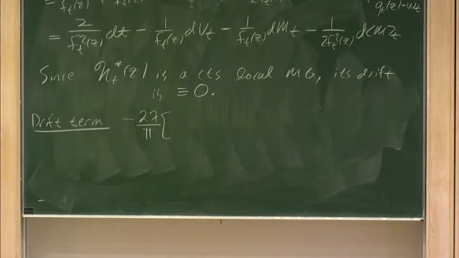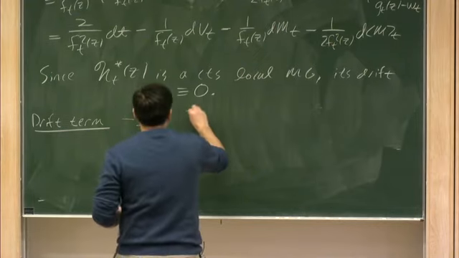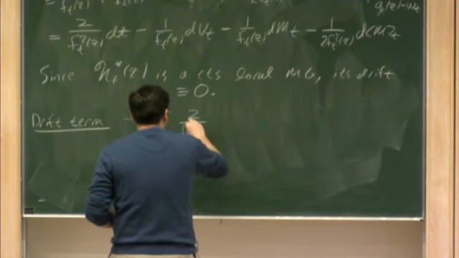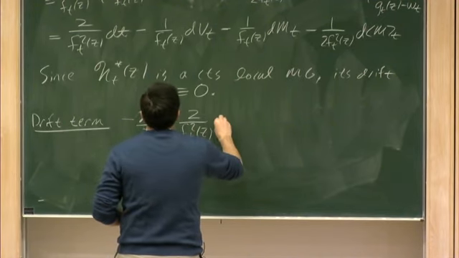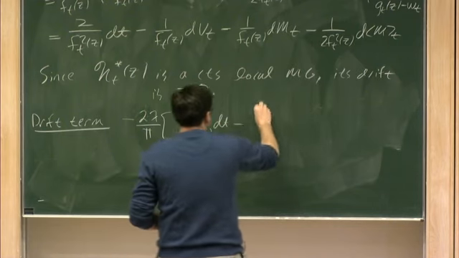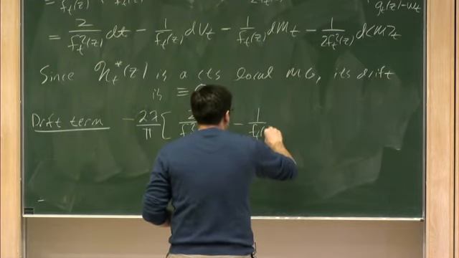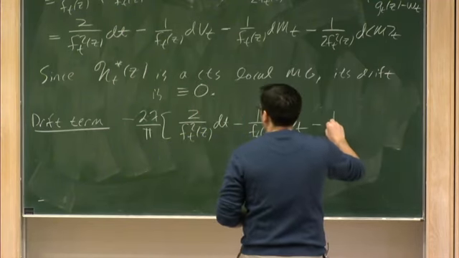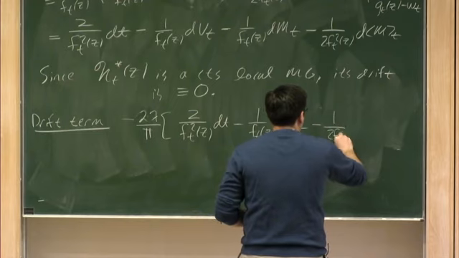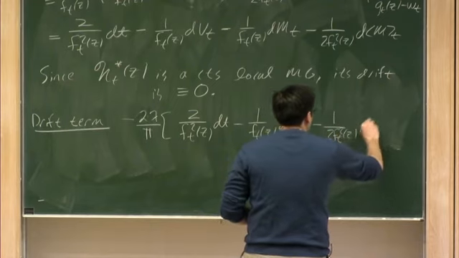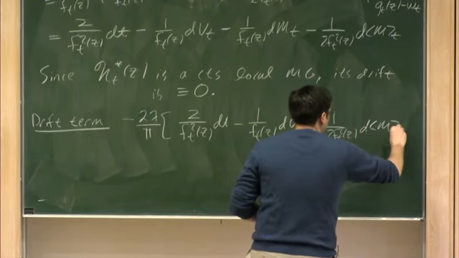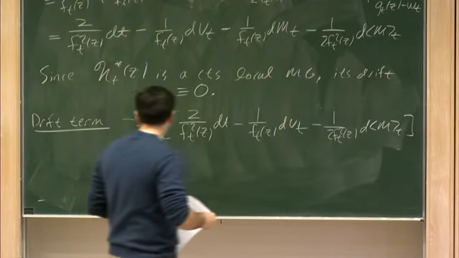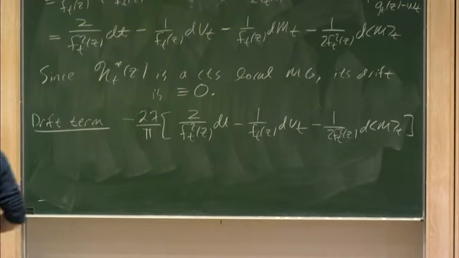So that's this thing here: 2 over ft of z squared dt, minus 1 over ft of z dvt, minus 1 over 2 ft squared times the quadratic variation of mt. And then the other part of the drift term comes from the log of ft prime.